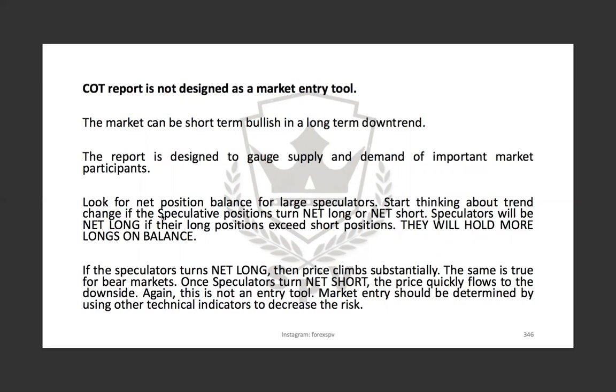So start thinking about trend change if the speculative position turns from net long to net short, or the reverse. Speculators will be net long if their long position exceeds their short position, and net short vice versa. If the speculators turn net long, the prices will climb, so you see a very good bull market. For a bear market, it will be the same if speculators turn net short.